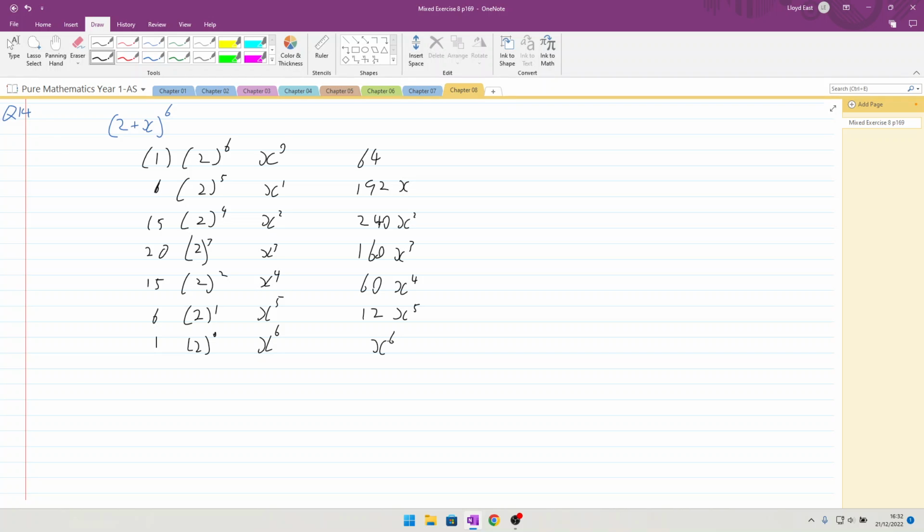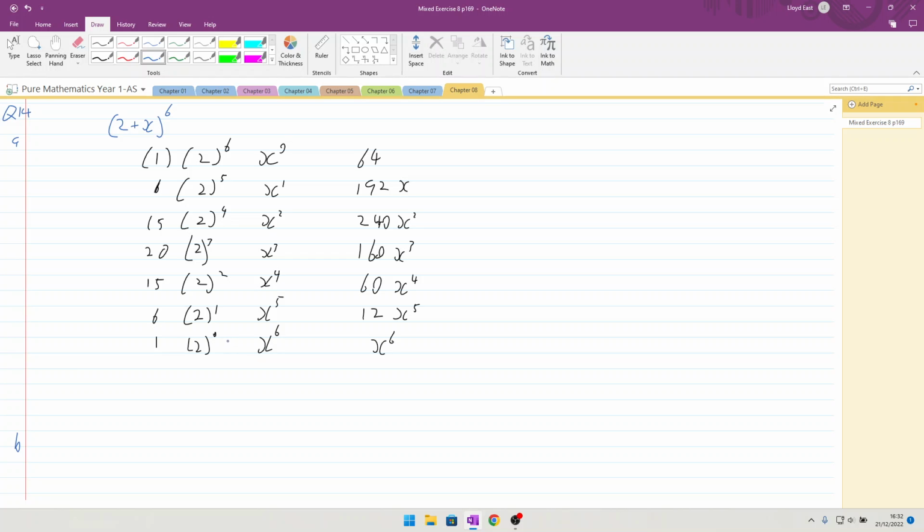Okay. Now they want us to do part A, part B, and of course all of that would be added together. I suppose we should write it out, but I'm not going to here.